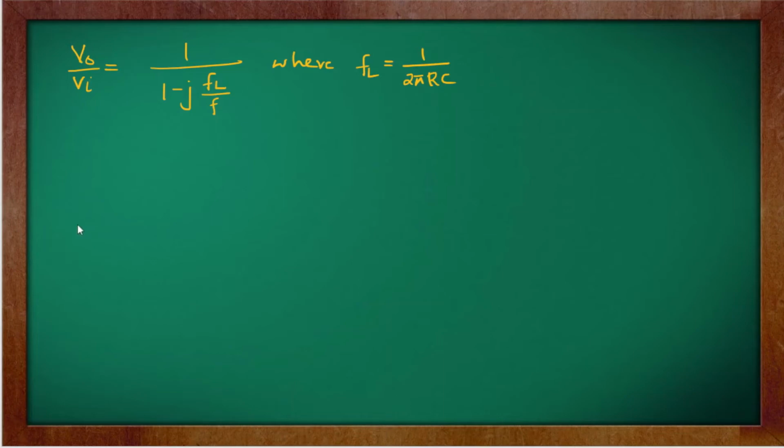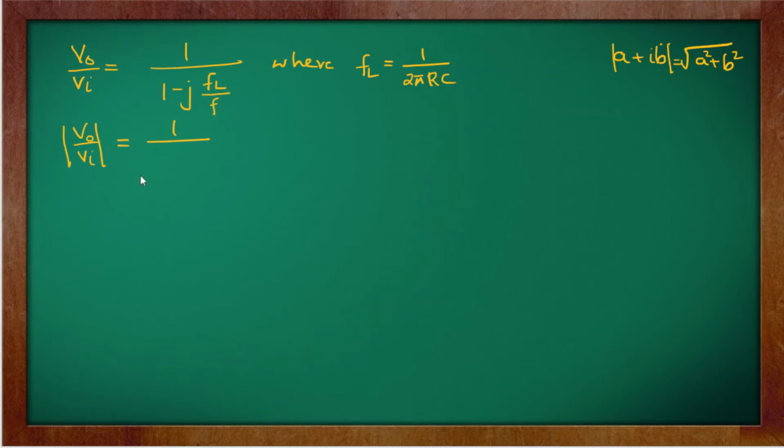Okay, now let us analyze this expression more. Let us take the magnitude of V0 by Vi. I hope you know that for a plus ib, the magnitude is root of a square plus b square. So I apply this to the denominator part.